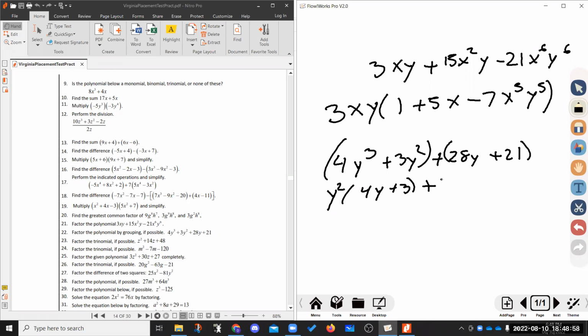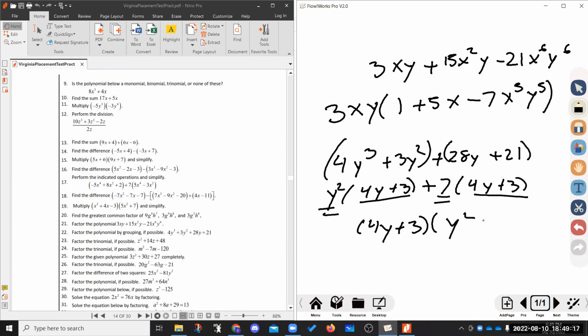I'm going to pull out the greatest common factor here. If this is factorable, then those two sets of parentheses have to match and have to be a greatest common factor that I can pull out. And I'm left with these parts here.